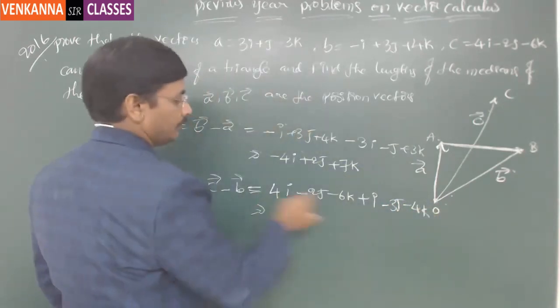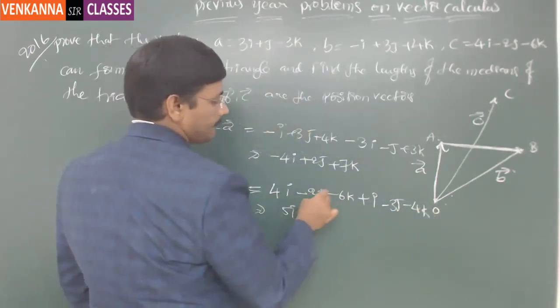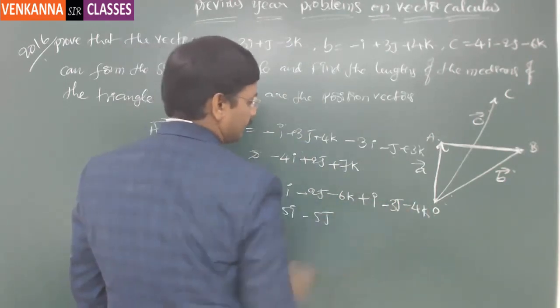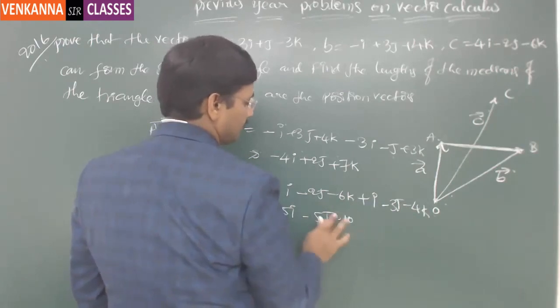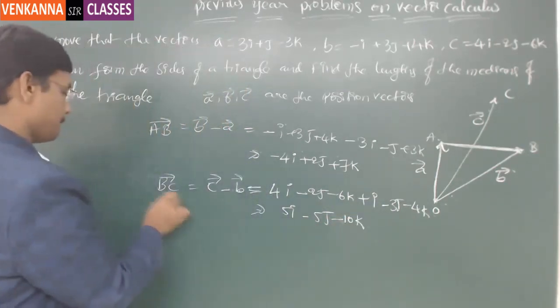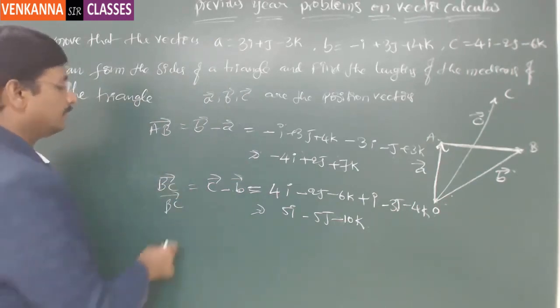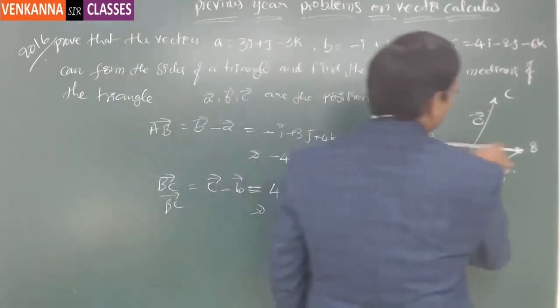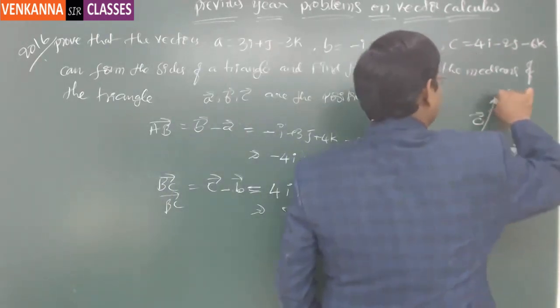So this is going to be 5i, minus 2 minus 3, that is minus 5j, and minus 6 minus 4, that is minus 10k. So this is the BC vector. We have got the AB vector and the BC vector.